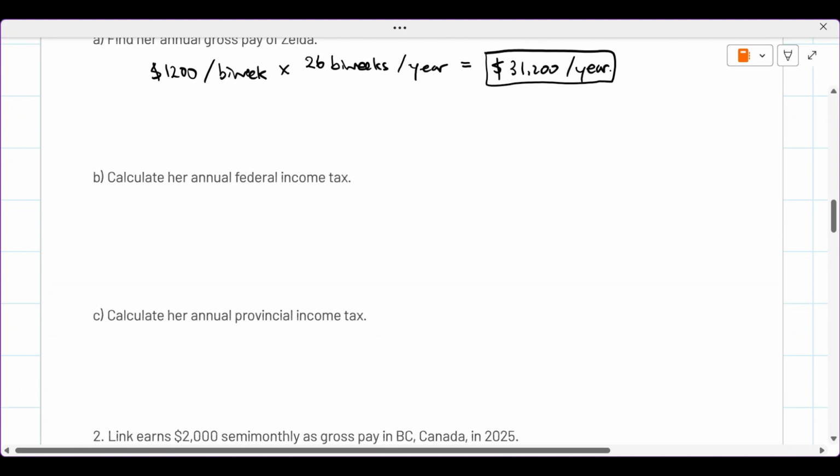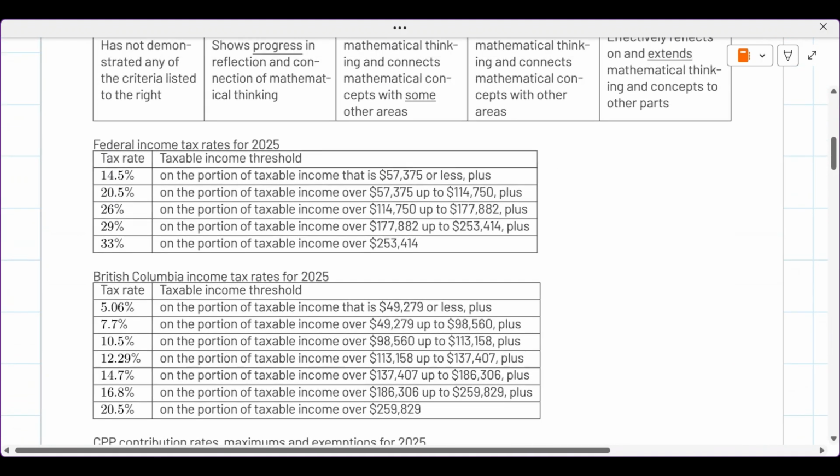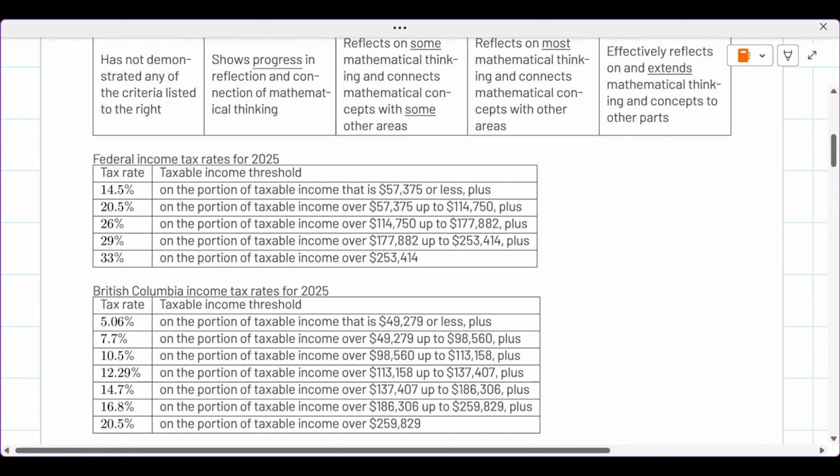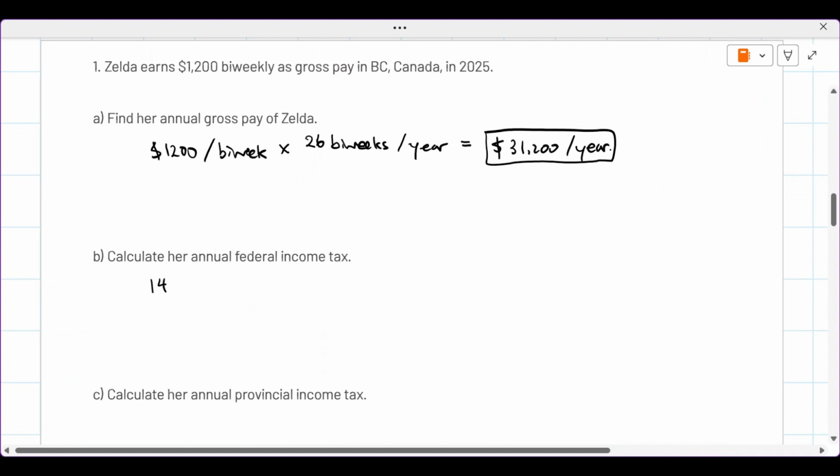Second question, calculate her annual federal income tax. To find it, we need to look at the tax rates for the federal part. On the portion of the taxable income that is $57,375 or less, the tax rate is 14.5%. So let's find 14.5% of $31,200.